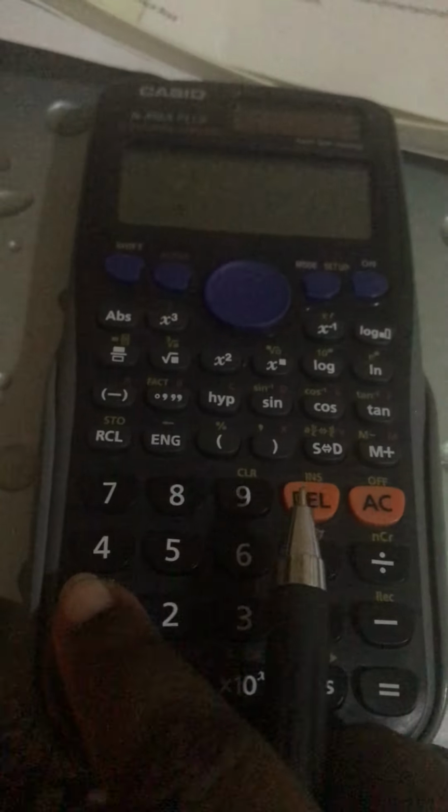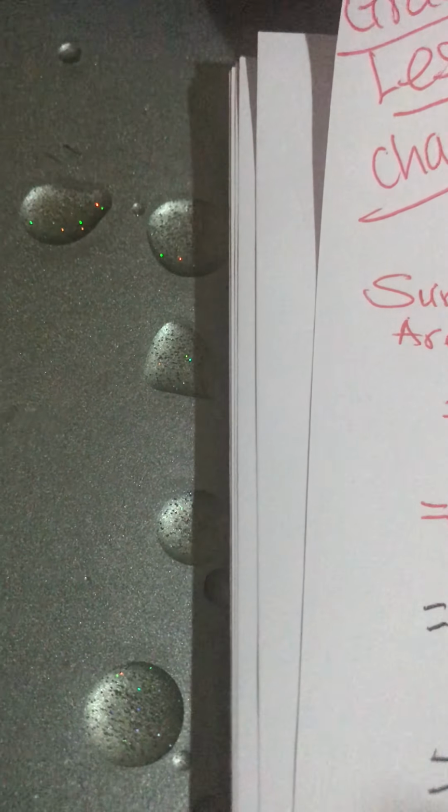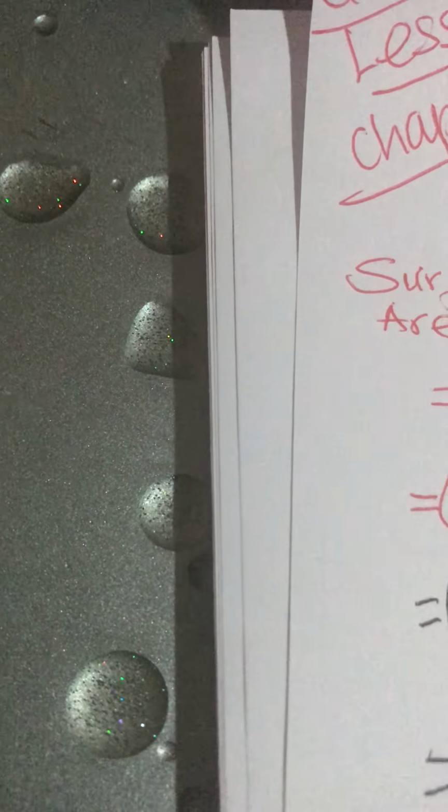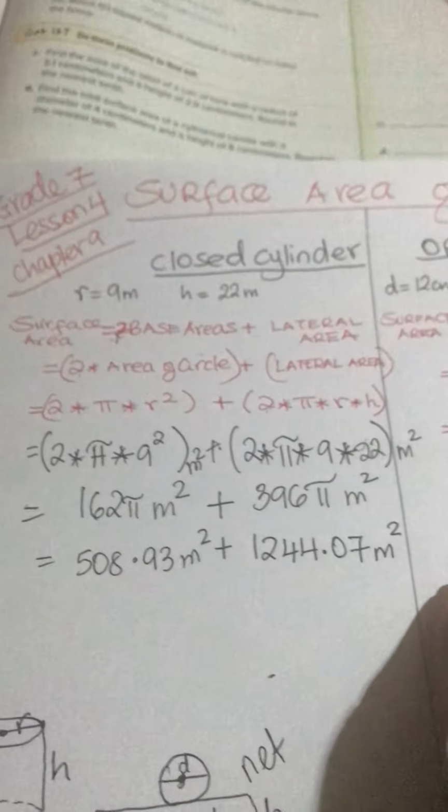And then I do 162 pi. 162 shift pi equals SD, 508.93. 508.93 meters squared. Then I add them together.